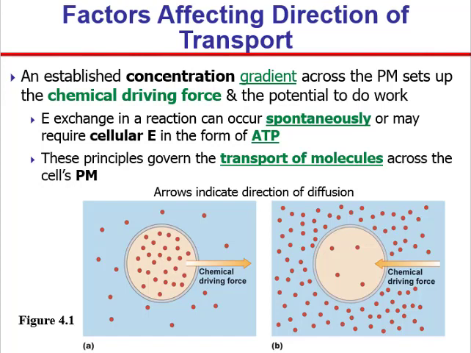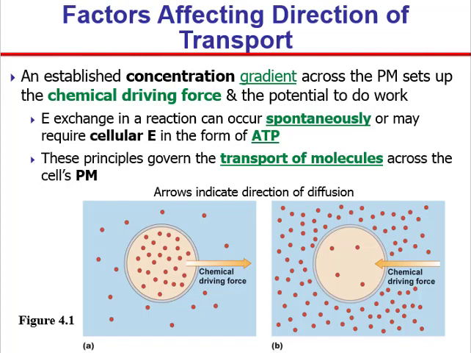If you look at panel B, the opposite's true. In the ECF compartment, we have a lot of red molecules trying to get into the cell where there's not very many. So spontaneous movement is going to tell us these two concentrations are going to want to go to equilibrium. That's a natural tendency for things to want to go from high to low until they hit their equilibrium point. So you can practice this idea by drawing a cell on your notebook paper and then plugging in the numbers given to you in table 4.1, which we just discussed.